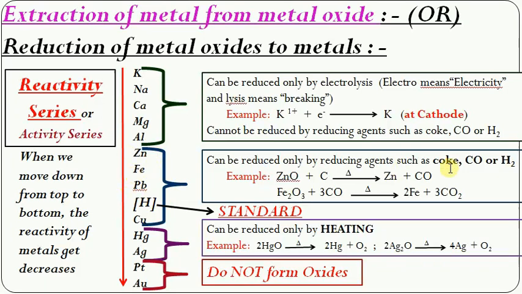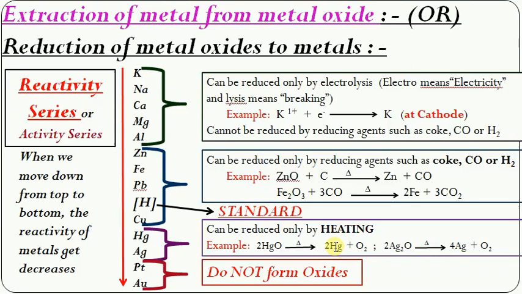So we use a reducing agent such as coke, carbon monoxide or hydrogen to reduce the metal from its metal oxide, that is iron from iron oxide. What about if we have an ore of mercury or silver? If that is the case, just heating their oxides will give you the metal, right? So this is what you have to understand, my dear children.